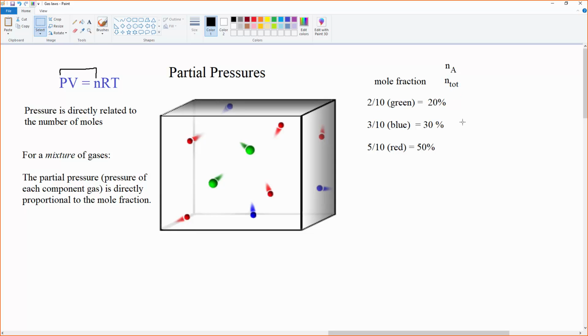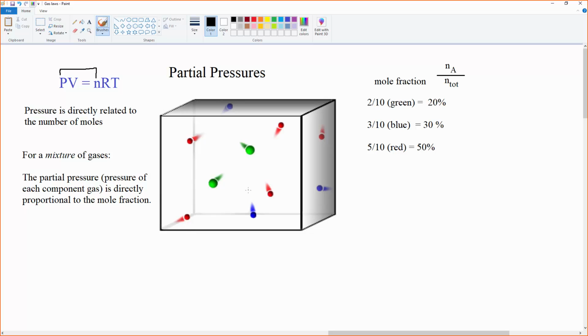Sorry, I want to make this look neat. So the mole fraction is the number of moles of any component part, we're going to call this A or B or C, or in this case green or blue or red, divided by the total number of moles. That gives you the mole fractions.